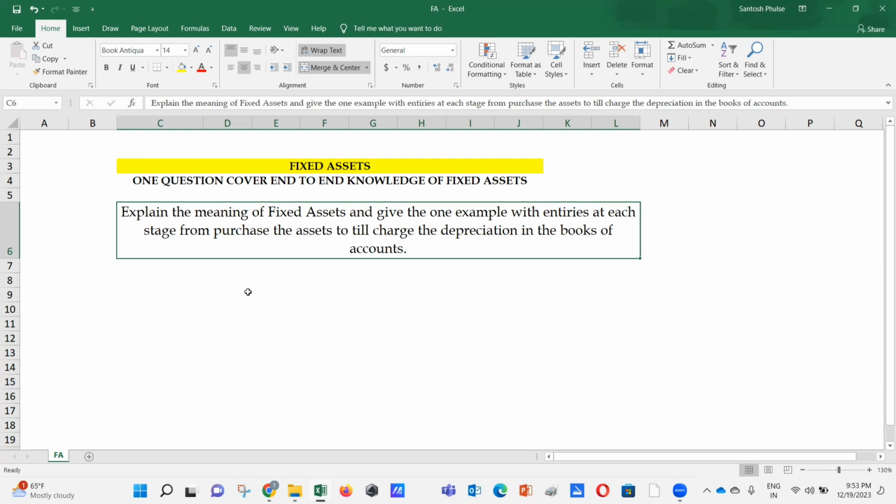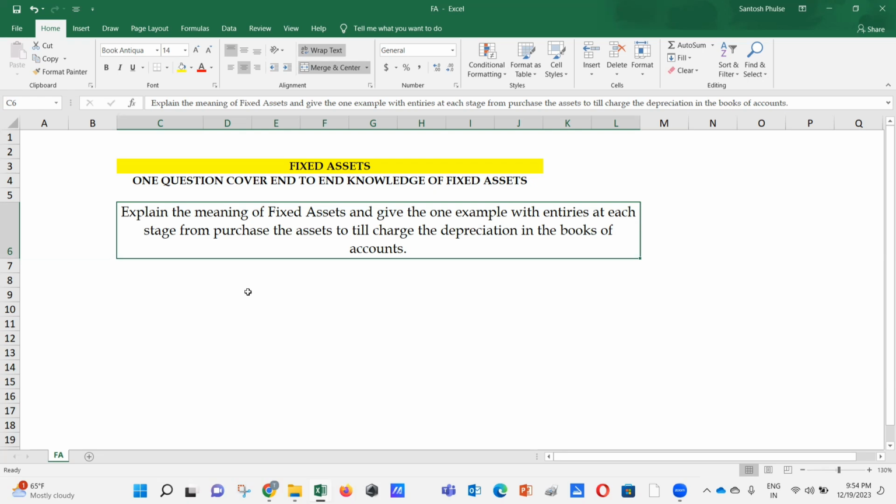This pattern is better, because if we don't know one piece we cannot explain, but if it's one question with more pieces, we can explain two or three pieces at least. That's a smart move.